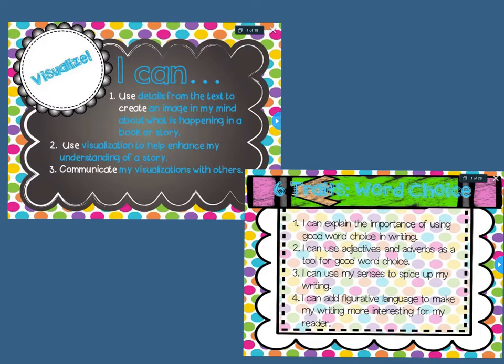When we use words that appeal to our senses, then our reader can picture what's happening in their mind and feel the text. And then finally, adding figurative language can help make our writing more interesting. And you'll see some of these examples in a text while you read and while you picture in your mind what's happening in that story.